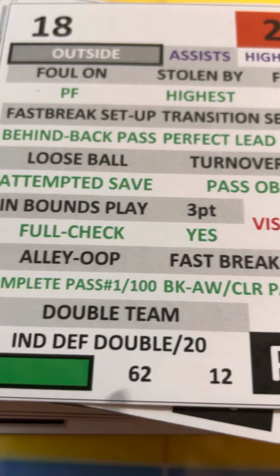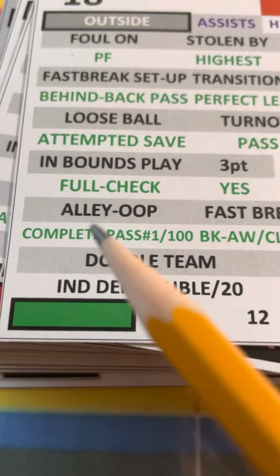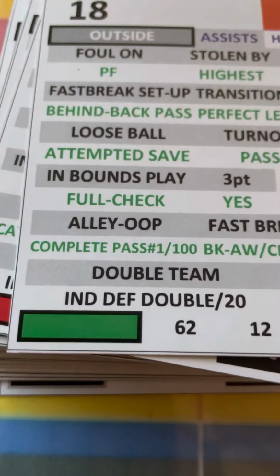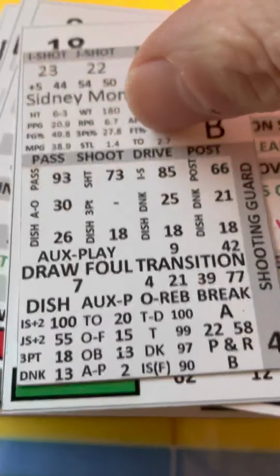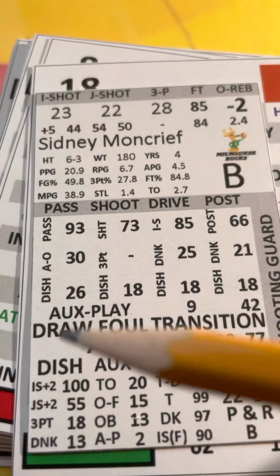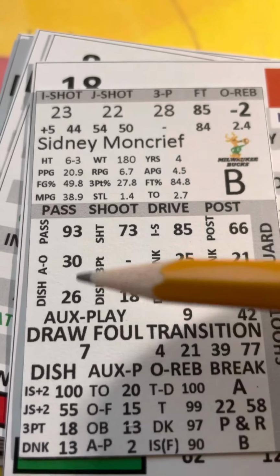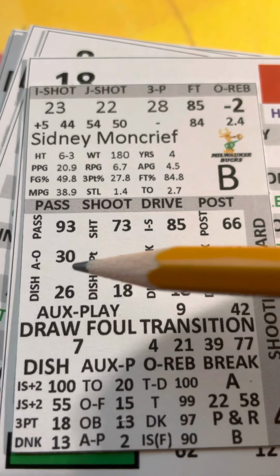That's what that is. There's a situation where a player can throw an alley-oop. Like let's say we're looking at Sidney Moncrief. He's going to pass and you flip in the 100 number. Let's just say this is a 27. So the 27 is going to be in his alley-oop range.